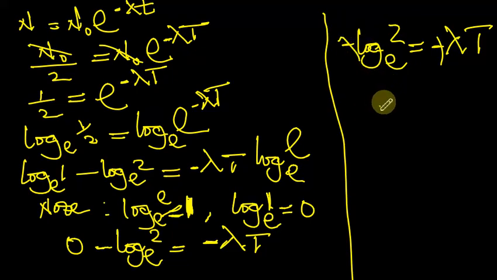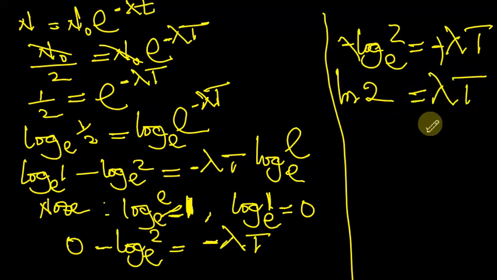Then you have log 2 to base e. So we can just take that as ln 2, that is the natural logarithm, equals λT. Then make T the subject of the formula, which is the half-life. T now equals ln 2 over λ.